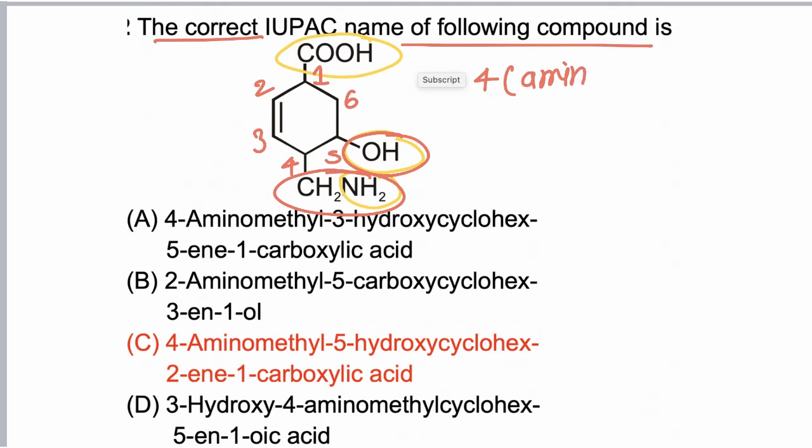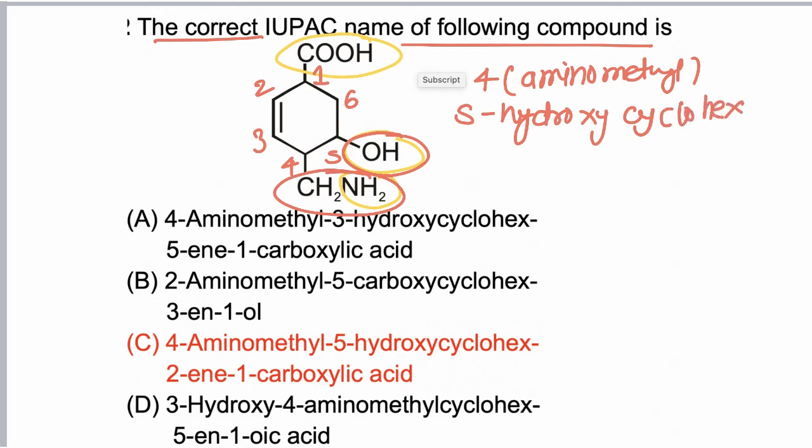Now in option D, the principal chain is the main chain having the functional group. At the fifth position, hydroxy is present. No matter whether the functional group is a hydroxy prefix class or suffix class, it should be the main chain, cyclohex. Since 6 carbon atoms are present in the ring and a double bond is present at the second carbon, the name should be ene. COOH is attached, so the carbon of COOH is not included in the main chain.